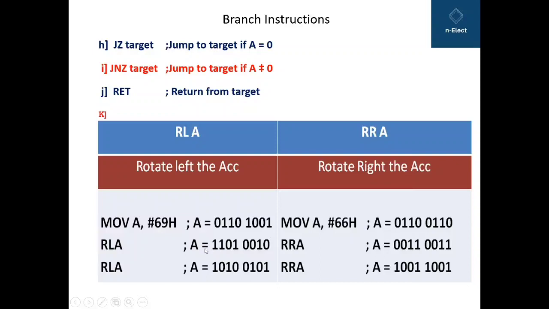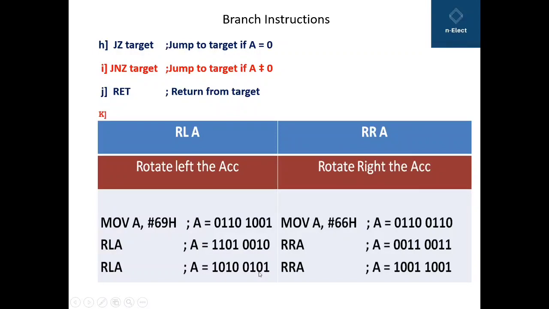After which once again we have used the same instruction RLA. Again this one, the leftmost one, will be brought to the rightmost bit, and therefore the new data will be 1010, then 010 and this 1. So this is the change.